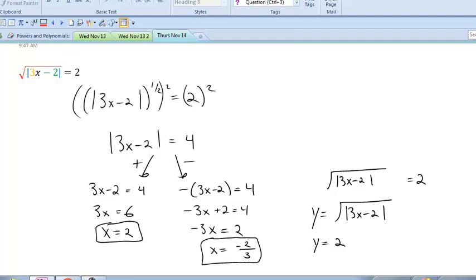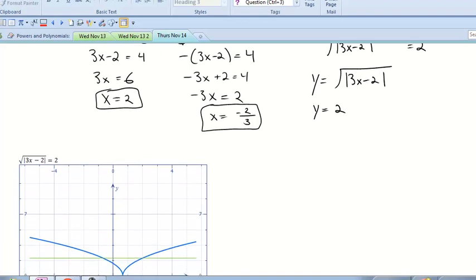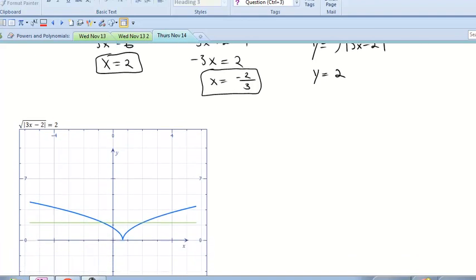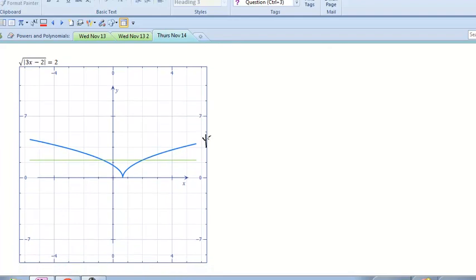Now, I don't expect you to know how to graph that. We haven't talked about it yet. We probably won't. The collection of multiple parent functions into one is not something we have access to at the moment. But we can use a graphing utility to show us the graph and recognize that, in fact, there are two solutions here. Here's your graphing utility that shows you both sides. This is y equals the square root of the absolute value of 3x minus 2, with our other line being y equals 2.